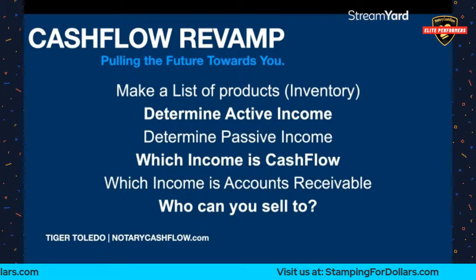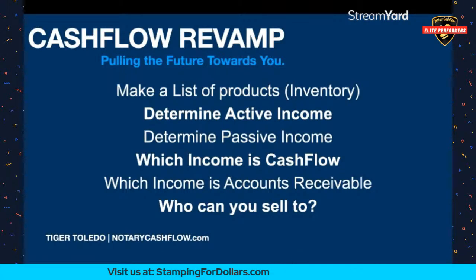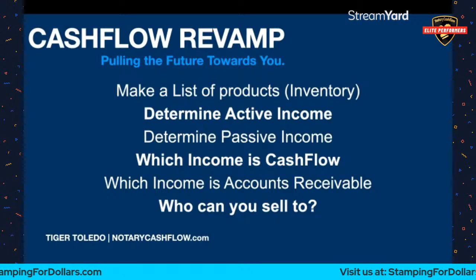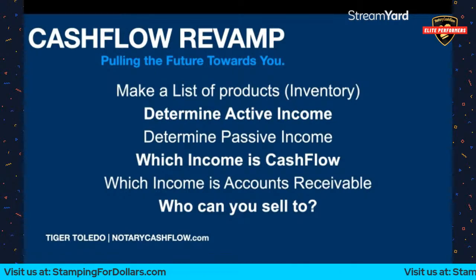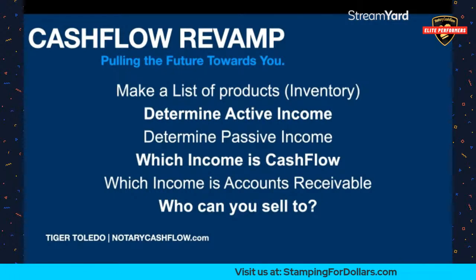U.S. Notary Agency is active income, right? But Rise of the Smart Notary is account receivables because Amazon will only cut me a check once a month. So I have to wait on that money. The online course, you can do two.